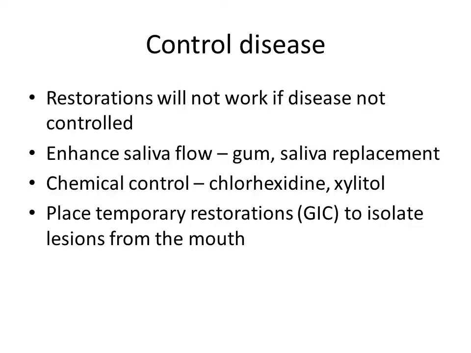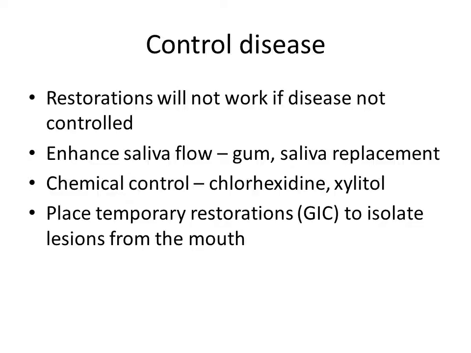So an important part of controlling disease, the first phase of our minimal intervention dentistry, or the first dot point in minimal intervention dentistry, controlling disease really is dependent on us collecting information about the patient and their disease profile.